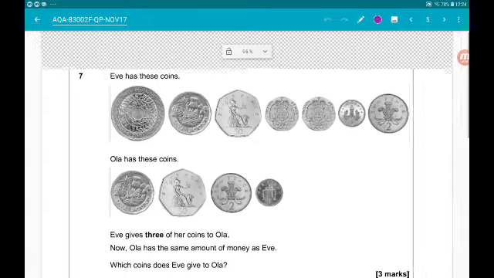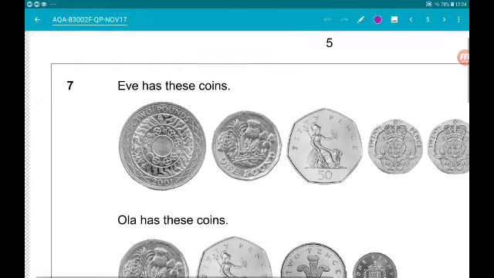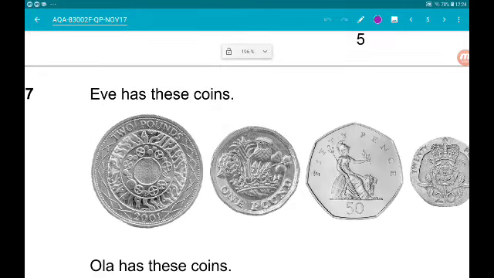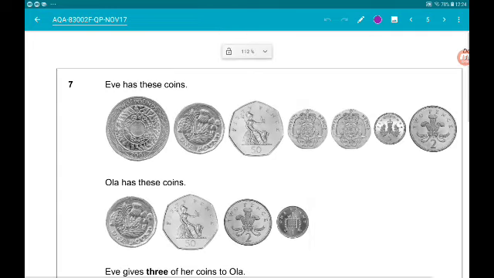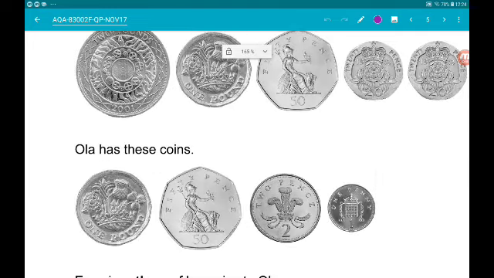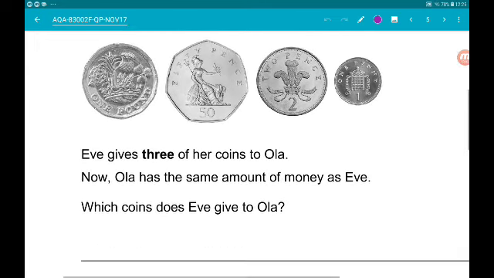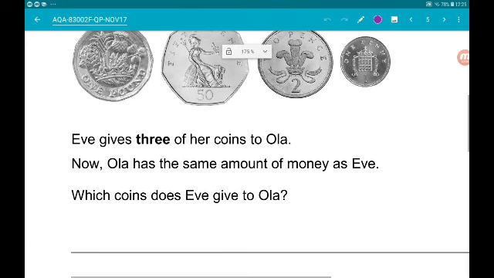Okay, number 7. Eve has these coins. Ola has these coins. Eve gives 3 of her coins to Ola. Now Ola has the same amount of money as Eve.